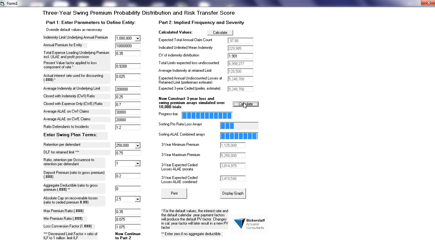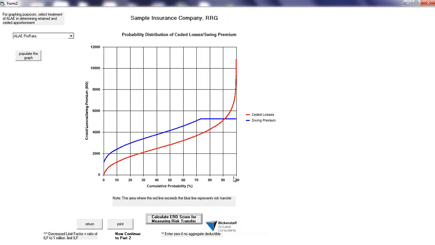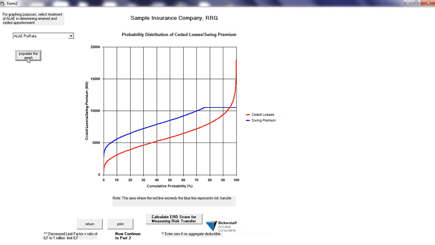We've sampled 3 million claims, and it took about 5 seconds. Now we're sorting these buckets in ascending order. Now we're coming over here and we're going to construct the probability distributions. This is where we left it with the $5 million volume, and using the ALAE pro rata, let's repopulate this thing using a $10 million volume.